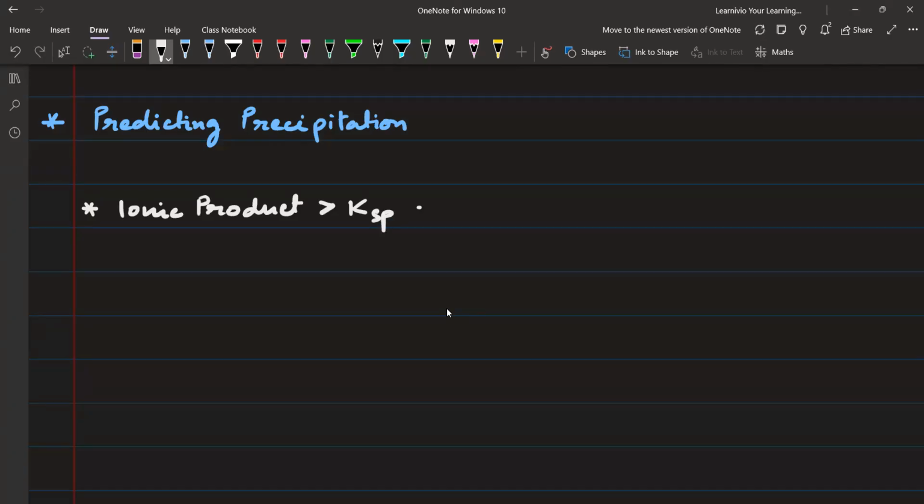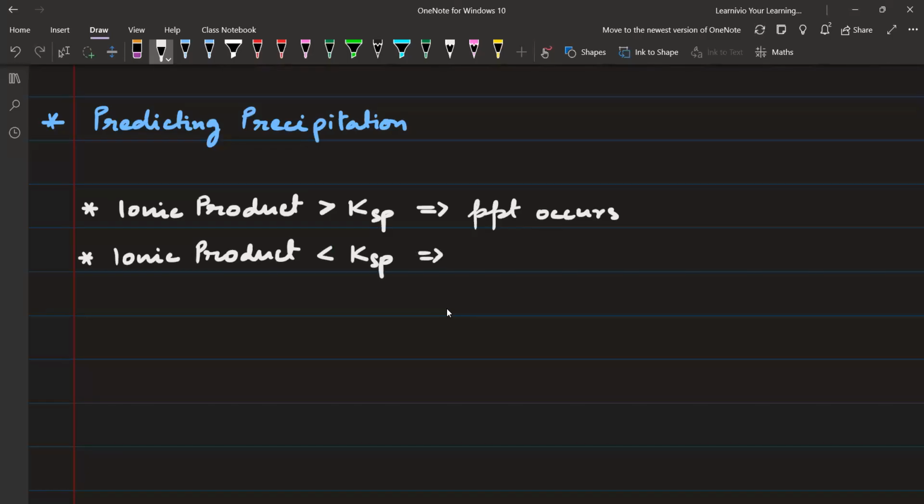तो PPT मिलेगा आपको. And if we have the ionic product less than KSP, then obviously PPT will not occur.